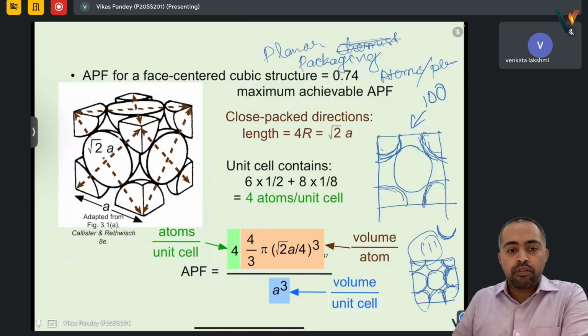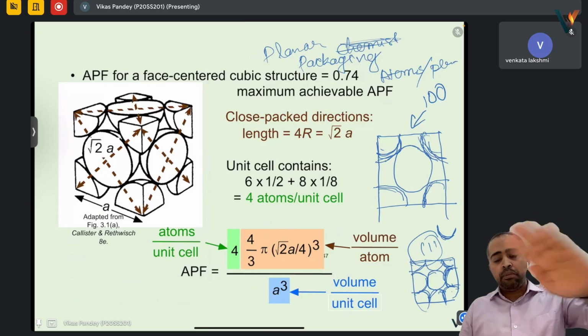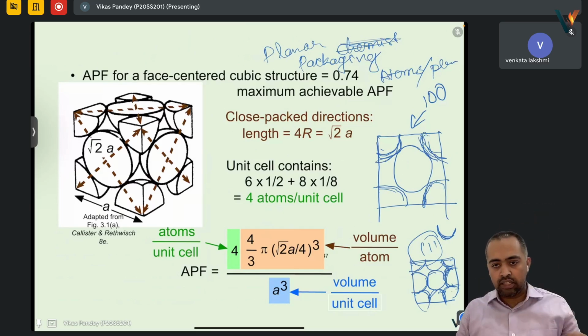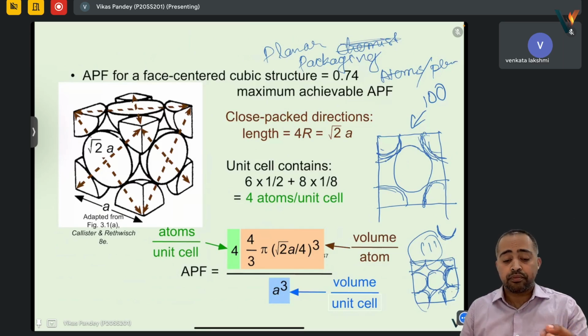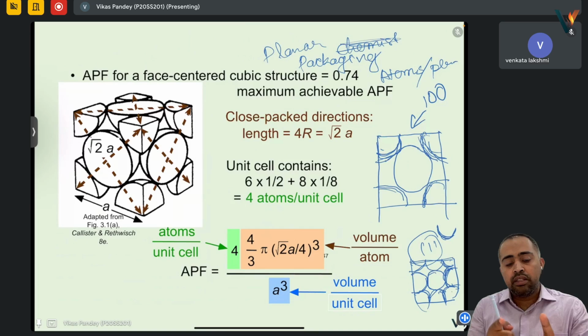After this, we can calculate in a plane, in one lattice area, how many atoms are there. So seeing the number of atoms itself, you can say that for that plane, the packaging is high.